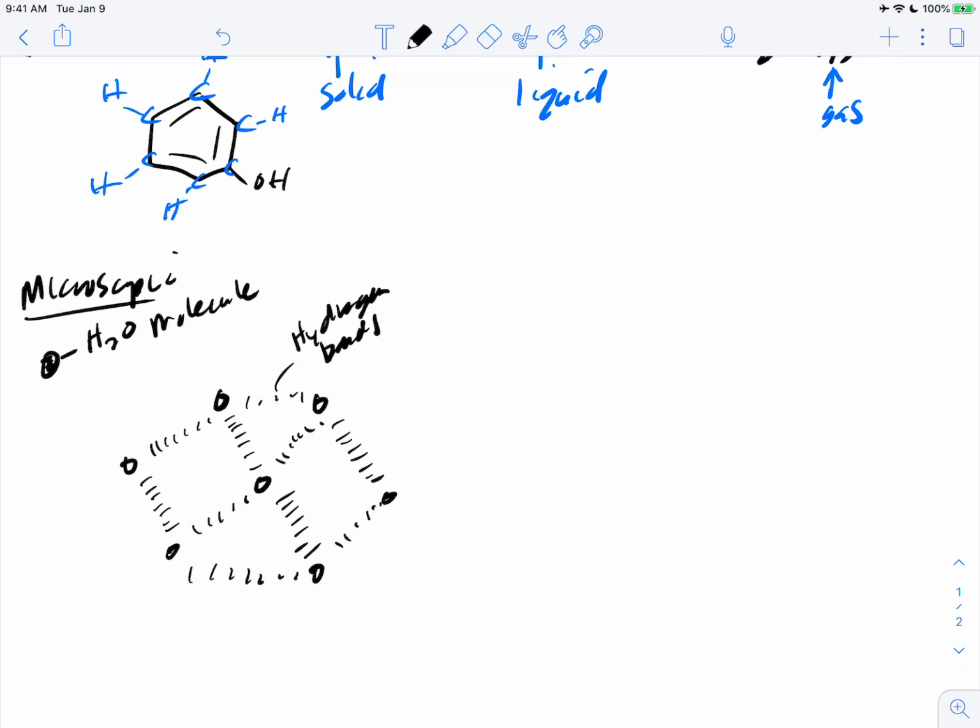If we look at liquid water, it's going to be in a container, but we're going to have water molecules that are interacting, maybe have just broken interaction.